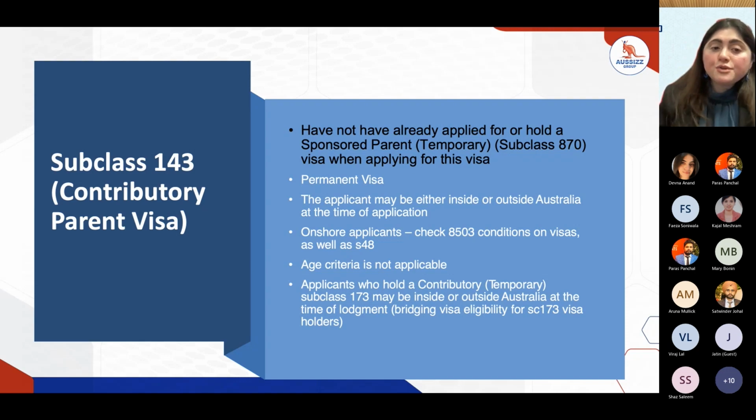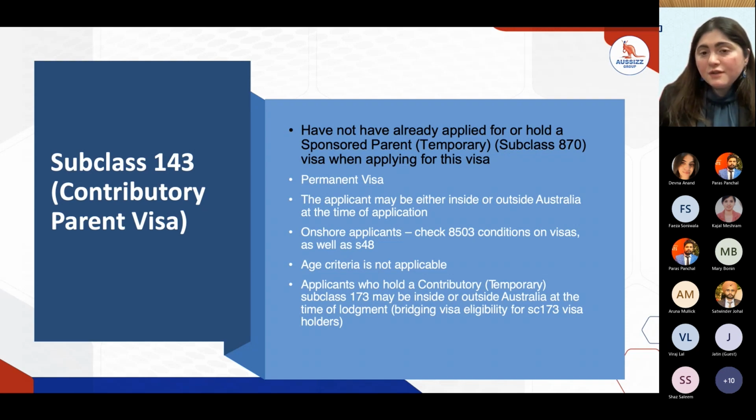Now, the 143 contributory parent visa, which is the permanent visa, the same criteria applies. If you are holding an 870 parent visa in Australia, you cannot apply for the 143 contributory parent visa. I know sometimes people say, look, it's not fair.